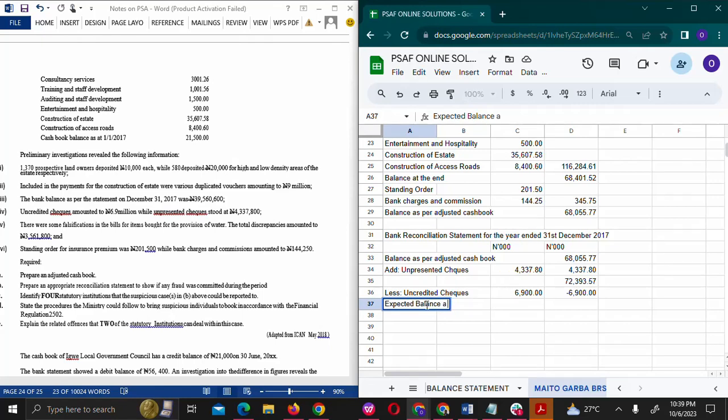So expected balance as per bank statement. This is what you are supposed to have in the bank statement. So that's 72,392.57 minus 6,900, right? But what is the bank balance?